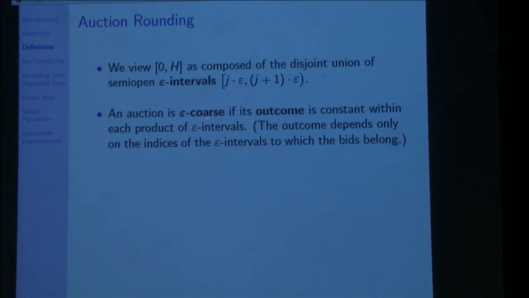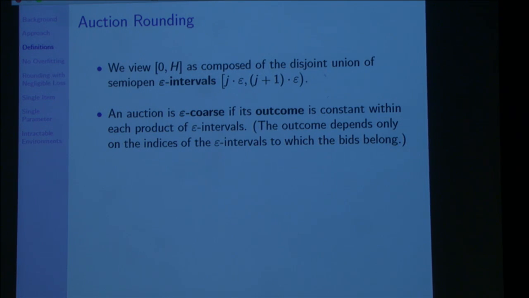And we will say that an auction is epsilon-coarse if its outcome is constant within each product of epsilon intervals. So what's the outcome of an auction? An auction is given a profile of bids, one per bidder, and it tells us two things. First of all, who gets the clicker, and second of all, how much they pay. That's the same as saying that in order to run it, the outcome only needs to know the epsilon interval in which each bid lives.